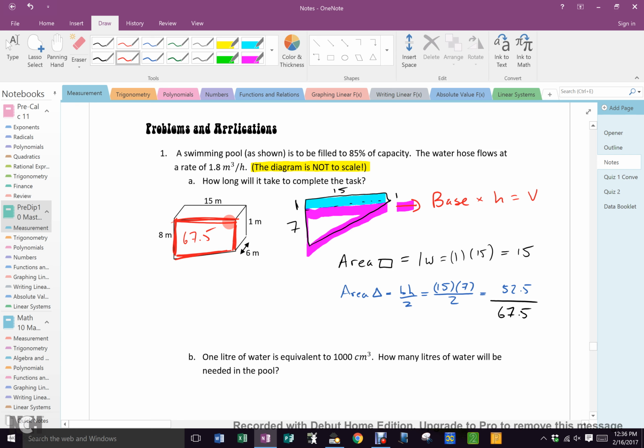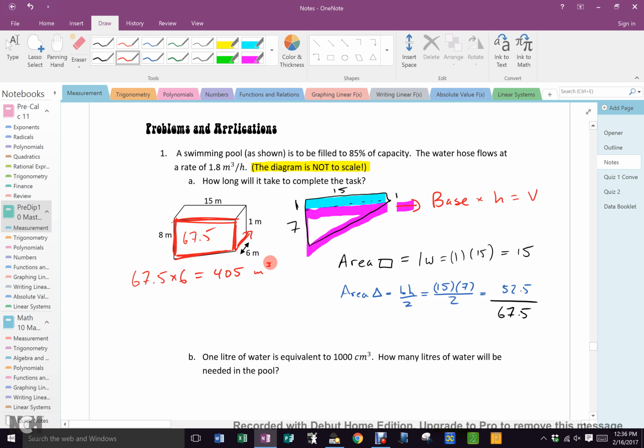How many of them are there? 6. Because I go back, that shape repeats 6 times. So I take that and I do 67.5 times 6, and I get 405 meters cubed for the whole pool.